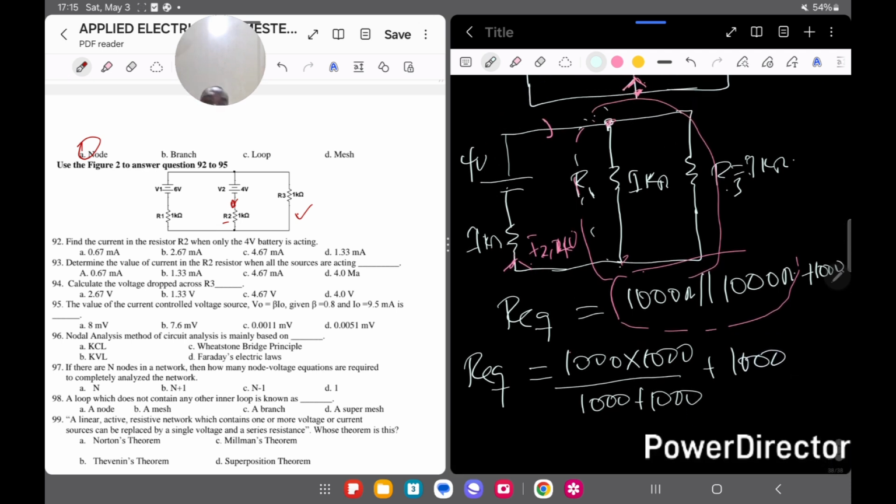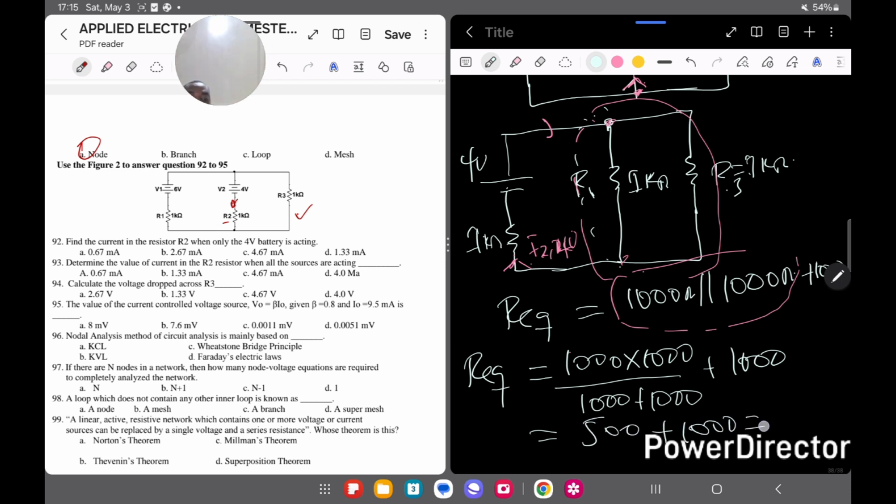So 1000 times 1000 divided by another 2000, 1000 plus 1000 is 2000. So you divide this by 2000 and you get 500. That's why I say you can just take the resistance over 2 and you get the same answer.